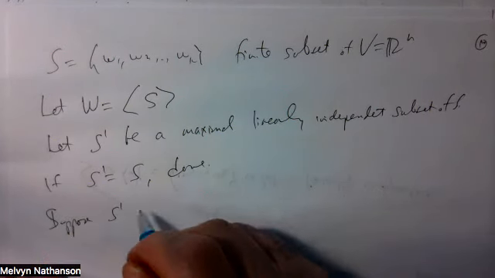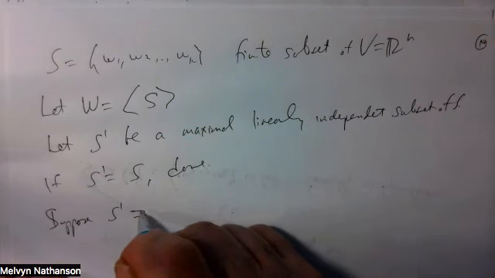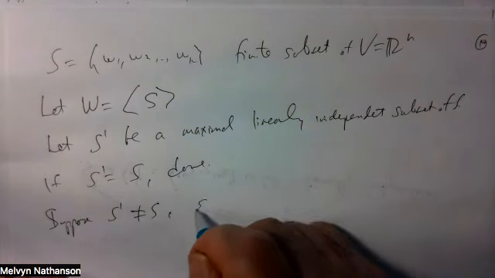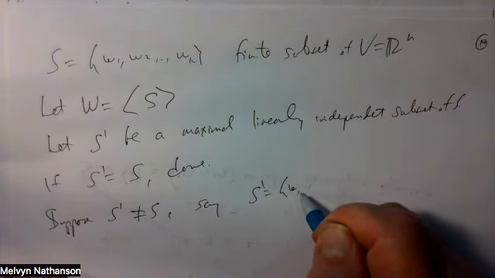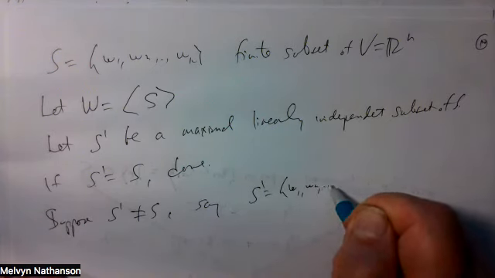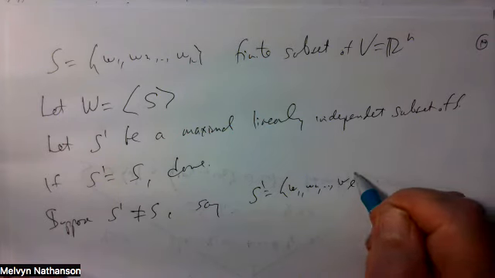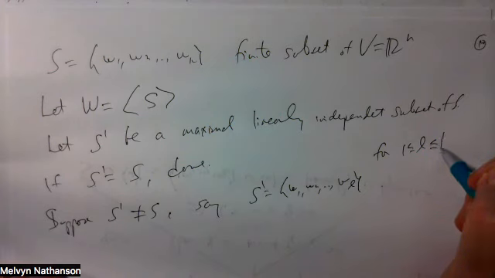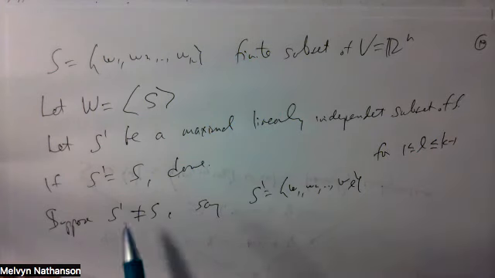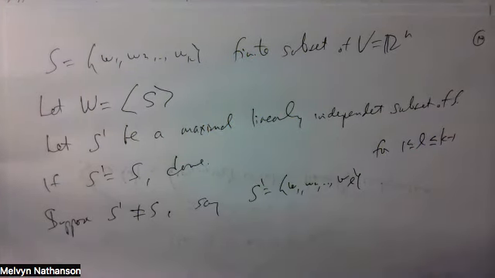Suppose S prime is not equal to S. So let's say S prime is w1, w2, up to w sub l, for some l strictly less than k.